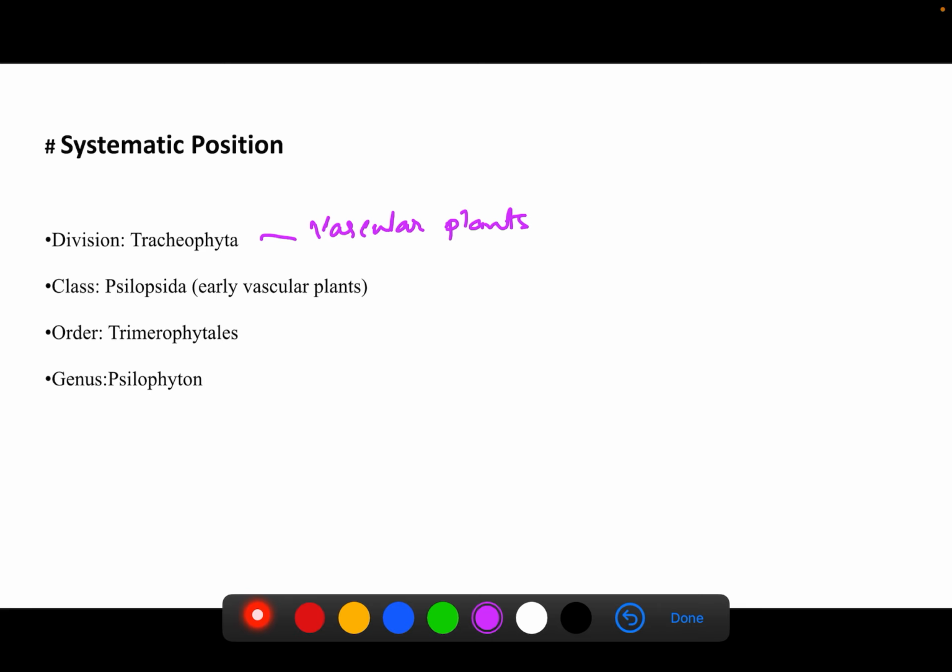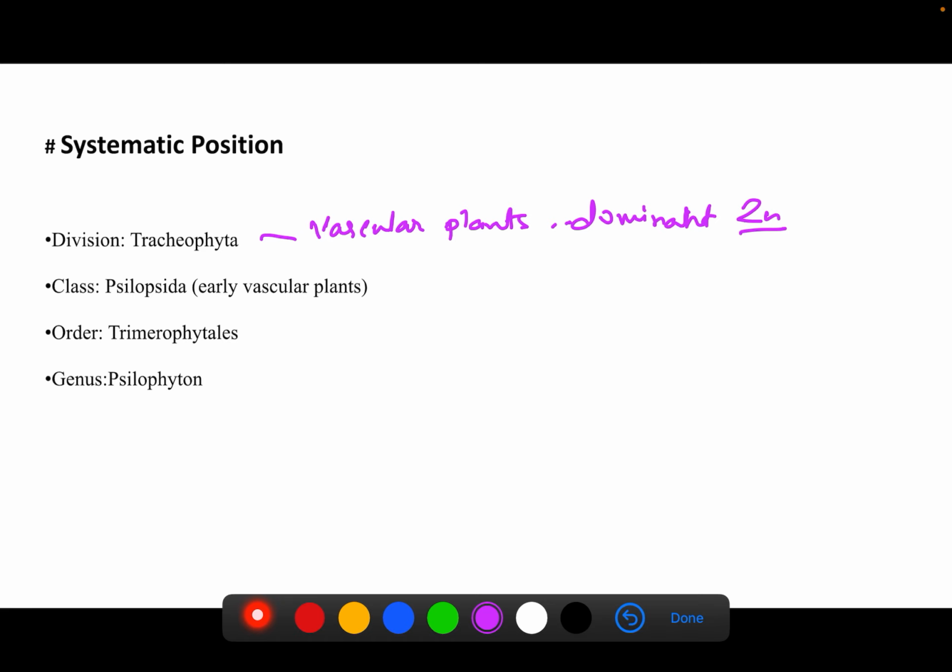Phloem, of course, is not preserved here. In the xylem, tracheids are present, vessels are absent. That we will discuss in the anatomy part. They will have a dominant sporophytic system, so dominant sporophyte, 2n.